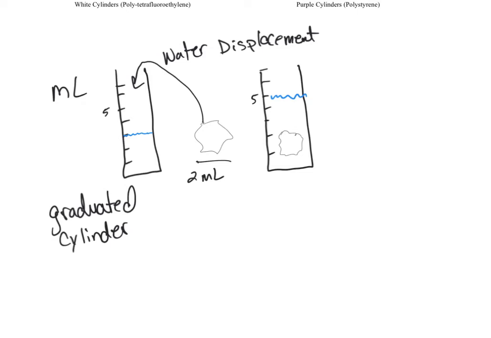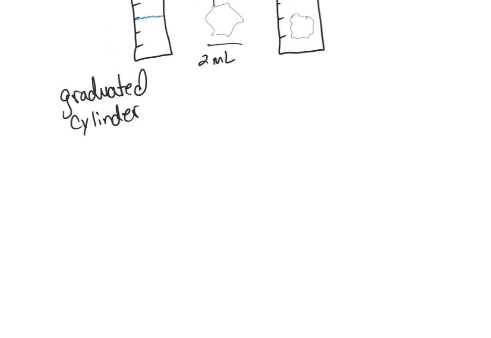Now, let's look at another unit of measure of volume, which is the centimeter cubed. Okay, the easiest way to look at this is if you have a cube, right? So here's our cube, right?